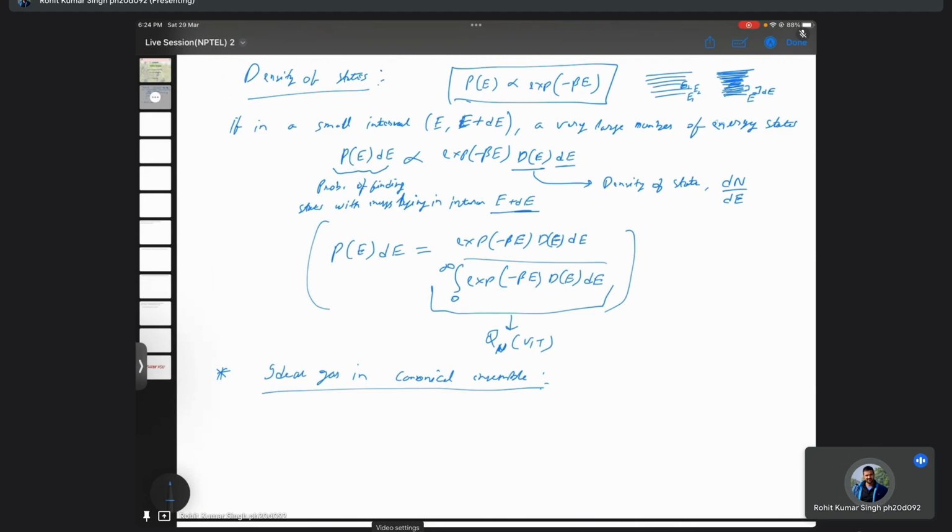You know that bosons are particles with integral spin, for example 0, 1, 2, and fermions are spin half particles.